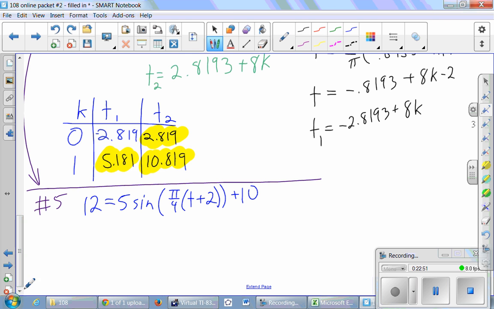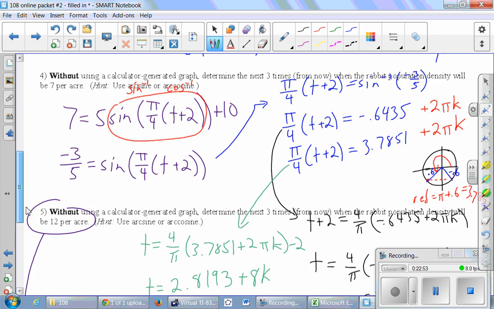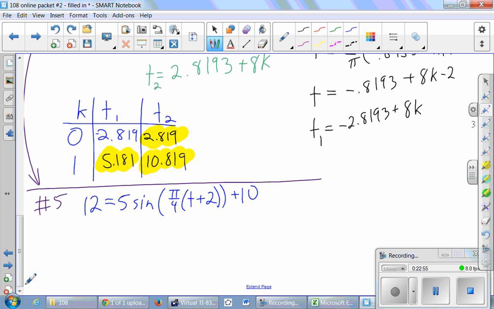Let's make sure that's exactly what we wrote before. Okay, that seems good. And then same thing, isolate the trig function. So that means subtracting the 10 and then dividing by the 5.